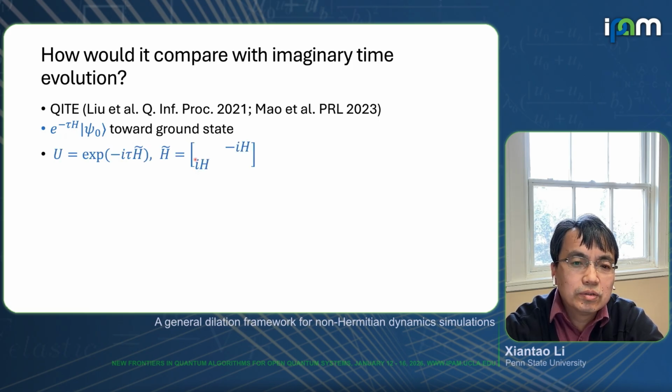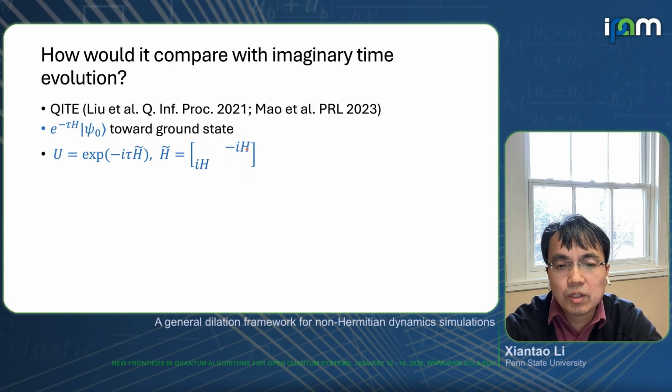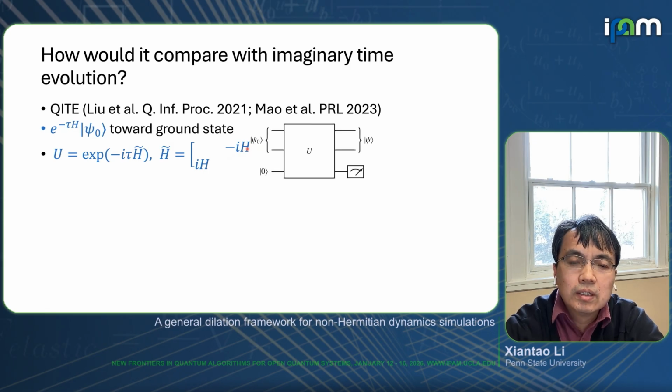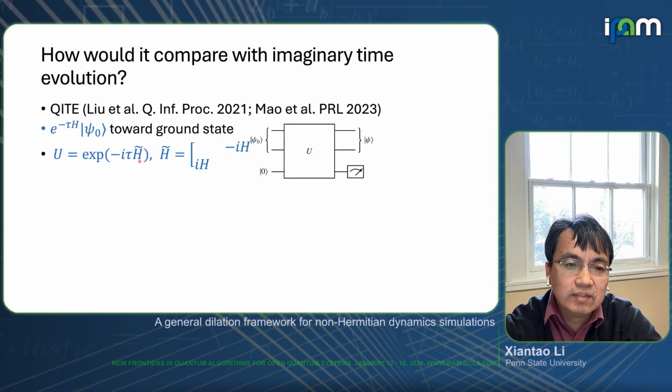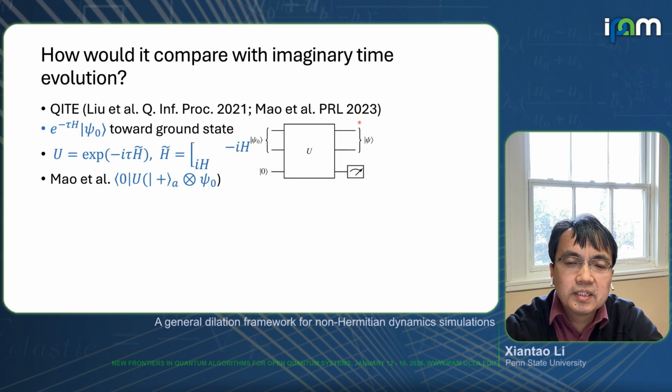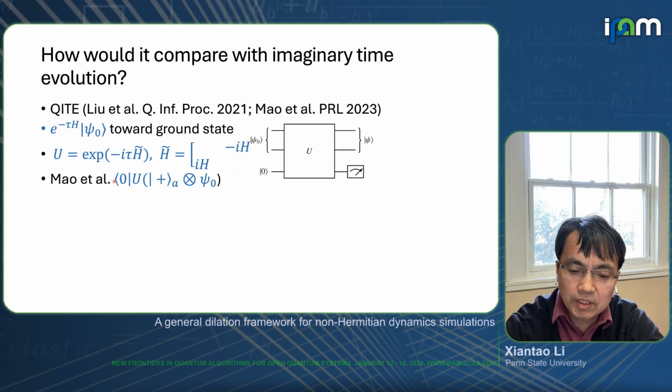One way to do that is to use the Pauli Y matrix, and build this dilated Hamiltonian, right? So that the original Hamiltonian goes to the off diagonal. You can prepare the ancilla at 0, and then you can evolve this dilated operator, and then you can do a weak measurement. The second paper here did it slightly differently. So the ancilla is prepared at the plus state, and eventually you measure at 0.